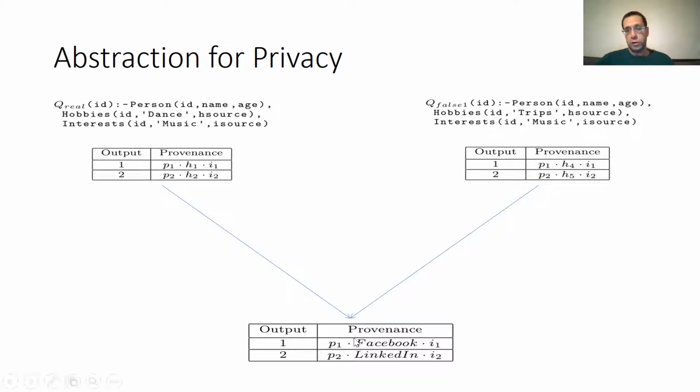We're not sure if the actual tuple that was used was H1 or H4, or maybe it's some tuple that's not from the hobbies table, but rather came from Facebook and appears in a different table. We lost some information in the provenance, and at the same time, we gained some privacy with respect to the original query, because now maybe we're not sure whether the query looked at dances or trips, or whether it looked at hobbies at all.